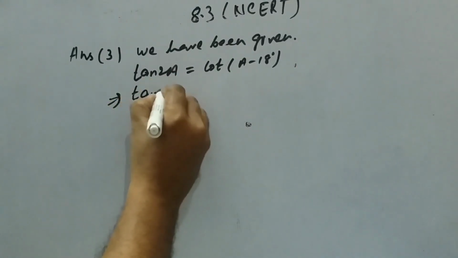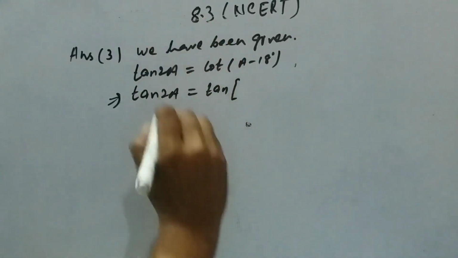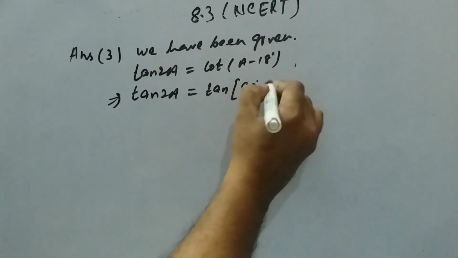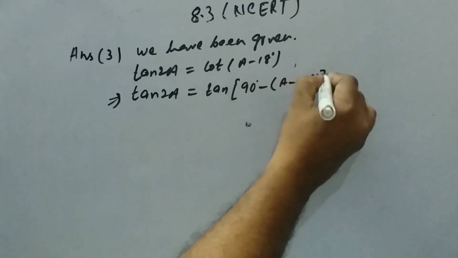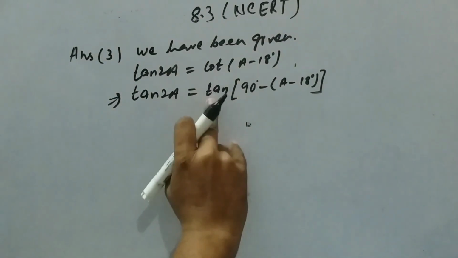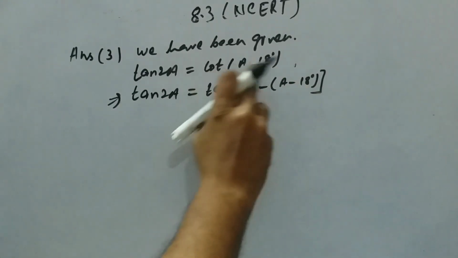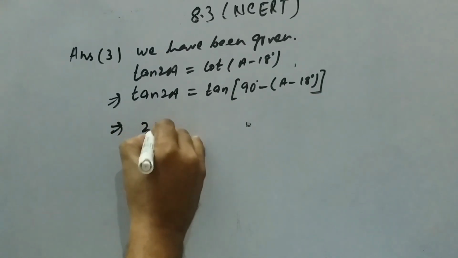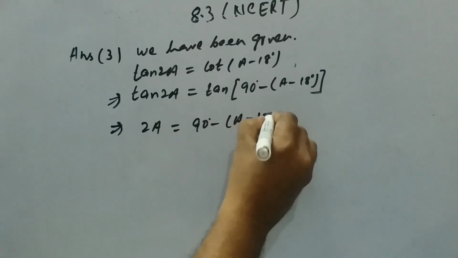Write here tan 2a, and here you will write tan and put a big bracket here, because this is the compound angle, and write here 90 degree, and this angle should be written as it is. Okay, and tan 90 minus theta, where this whole is theta, is cot theta, and so this becomes 2a is equal to 90 degree minus a minus 18 degree.